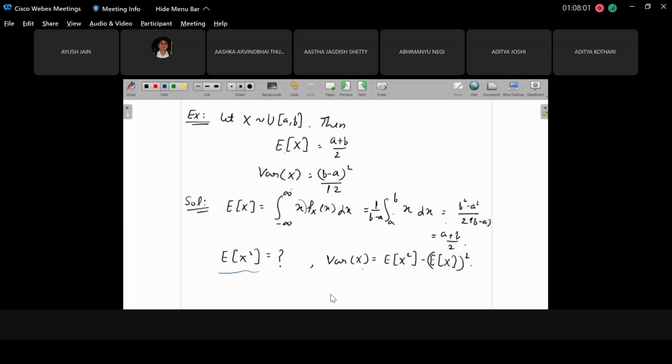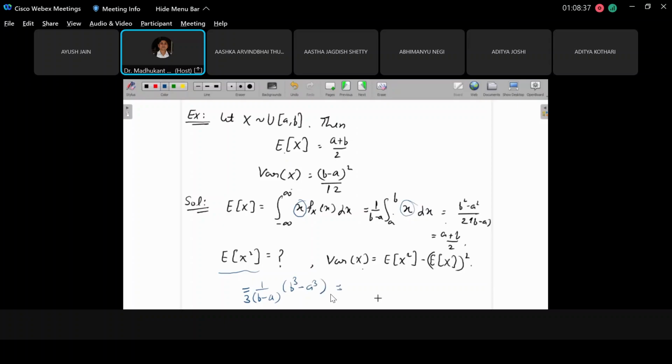So you have to just replace here with x square. That's it. So the expectation of x square is x cube by 3. So you have 1 upon (b minus a) times 3, x cube is b cube minus a cube.